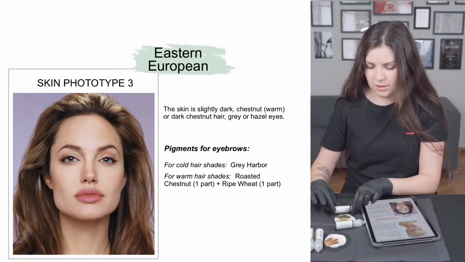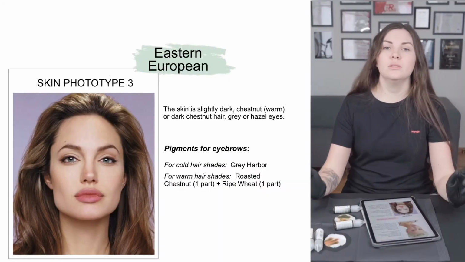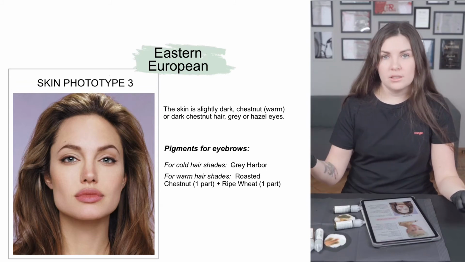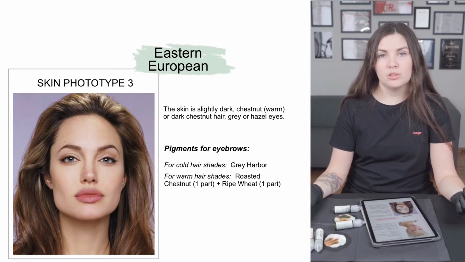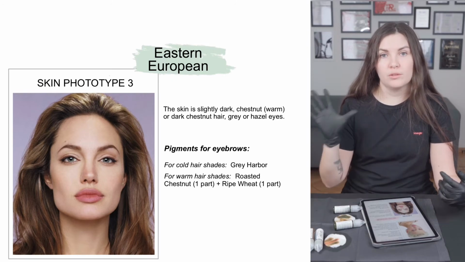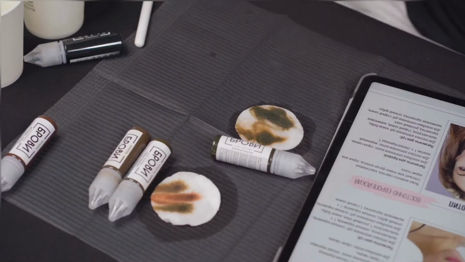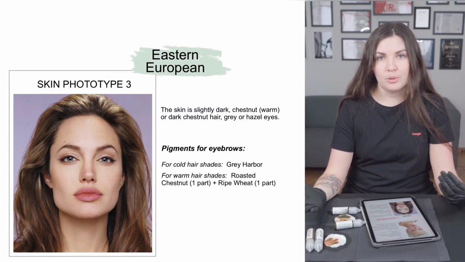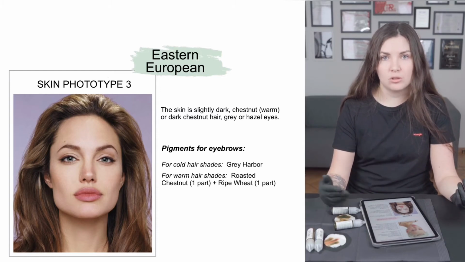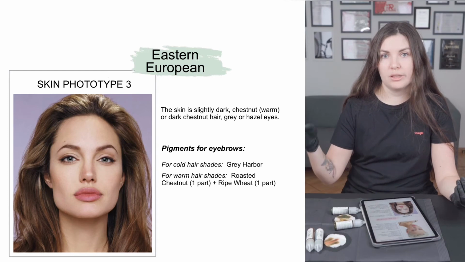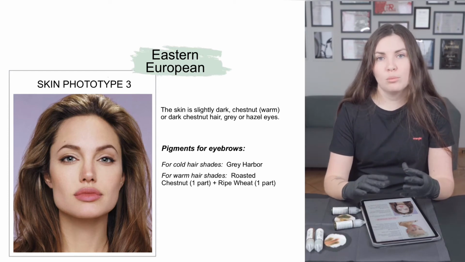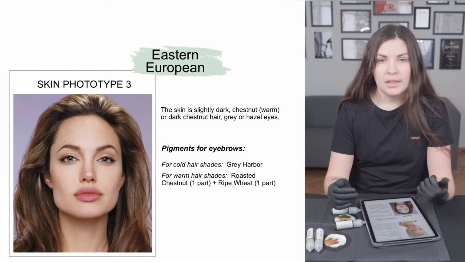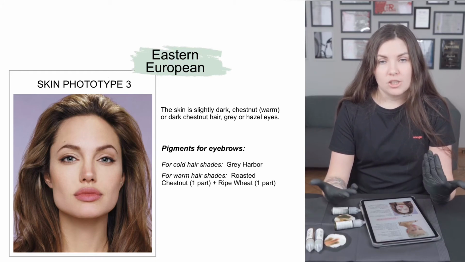With this phototype, we can use those colors easily and not be afraid that the color will be distorted. As far as all other phototypes, for example, if we use dark colors for the other 3 phototypes, for example bitter chocolate, we may not have great brows at the end. Why? Because in the other 3 phototypes, in 4th, 5th, and 6th, there are already large enough quantities of black and brown melanin that will distort our colors.